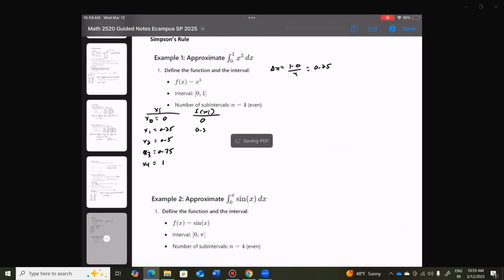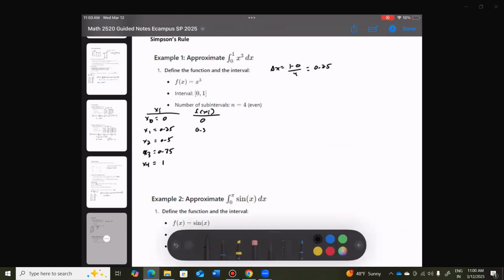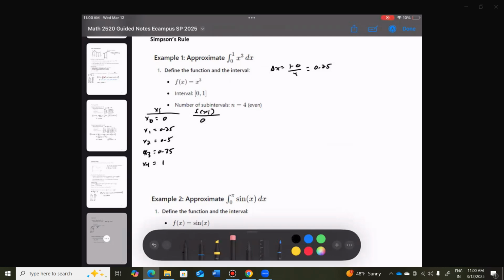which, now I'm going to switch these to fractions so it'll be easier to cube them. So this is 1/4, 1/2, 3/4, and 1.